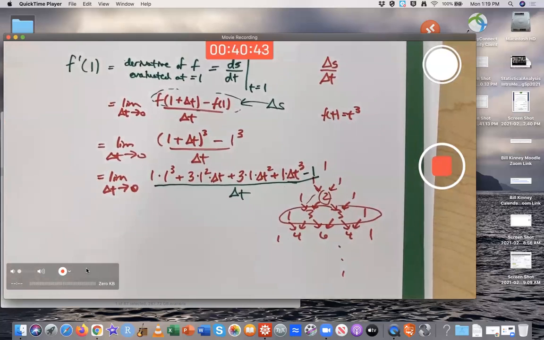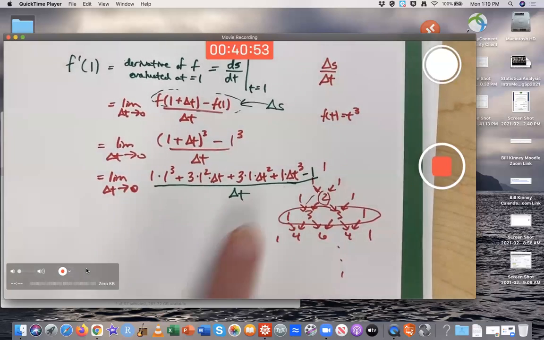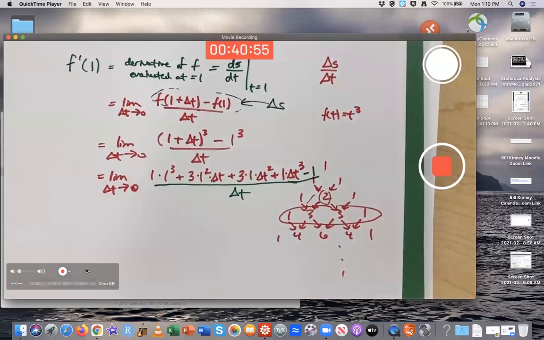That can be figured out also by just actually doing the multiplication, foiling first to find 1 plus delta t squared, and then multiplying that by another 1 plus delta t and simplifying. You'll get the same answer if you don't make a mistake.